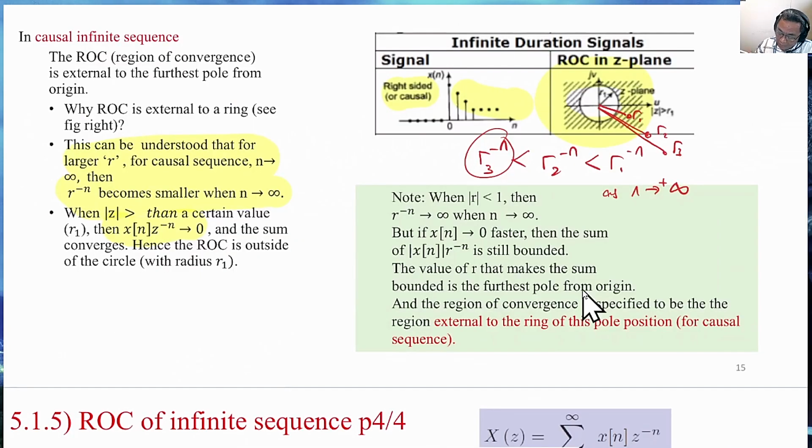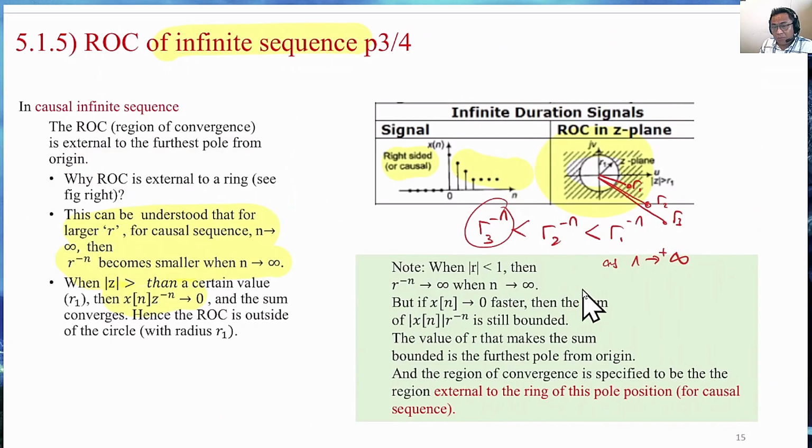Hence we see that the region of convergence is actually outside of a ring, and the position of the ring is at the ring encircled at the point of the furthest pole from the origin.